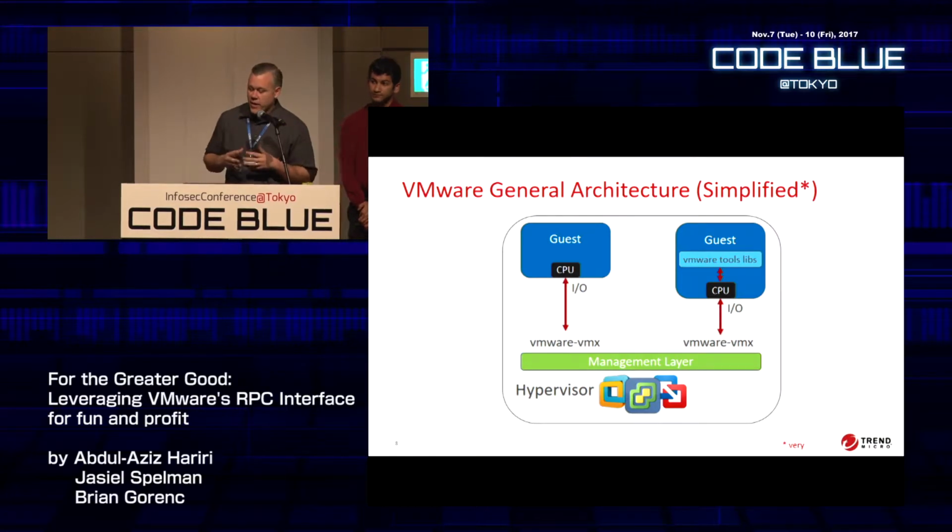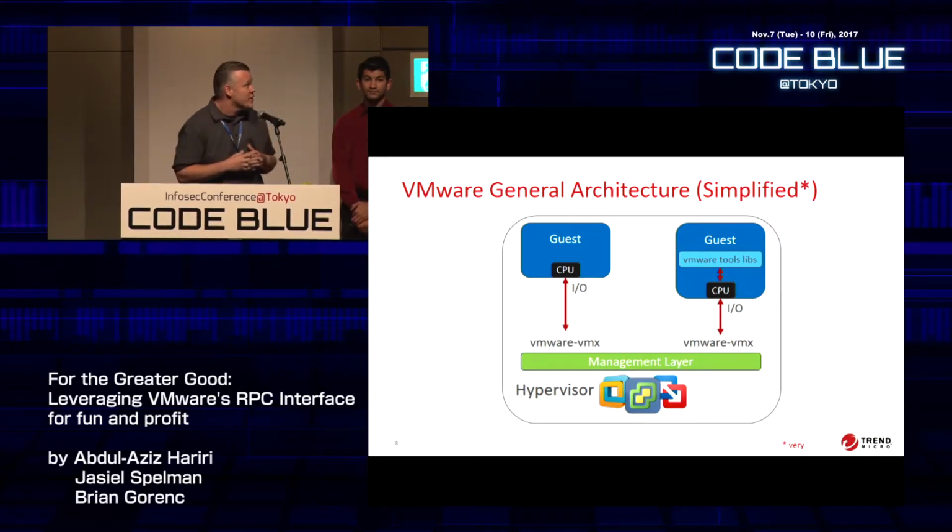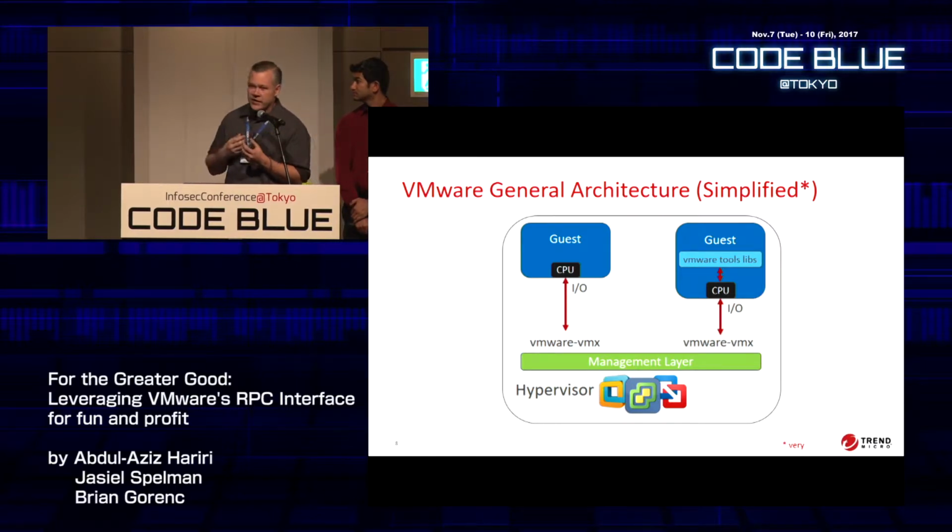If we look at VMware specifically, this is a very simplified version of their architecture. What you can see is there's a guest operating system up there, and there's a virtualized CPU, and a lot of I/O communication happening between that and the management layer where the hypervisor sits.